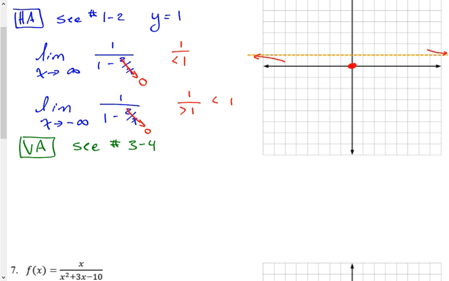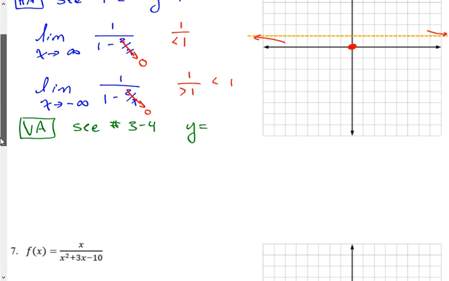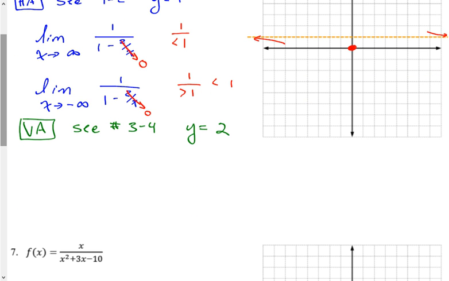And we found that our vertical asymptote was, what was it? 2. So I'll draw my vertical asymptote there.